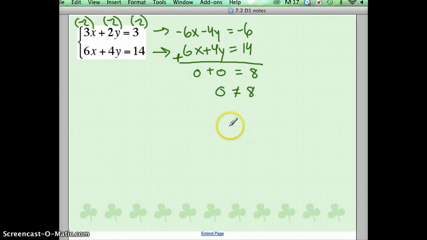So what does that mean? That means no solution. If you were to graph these, they would be parallel lines.